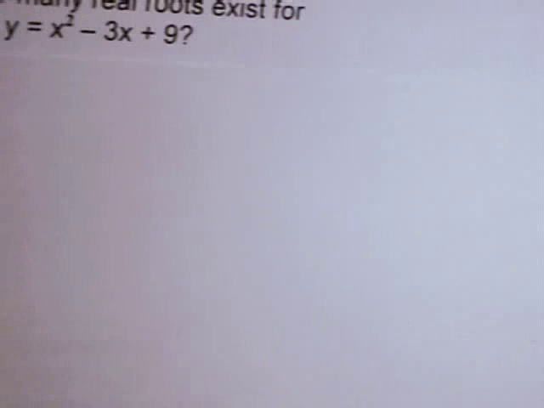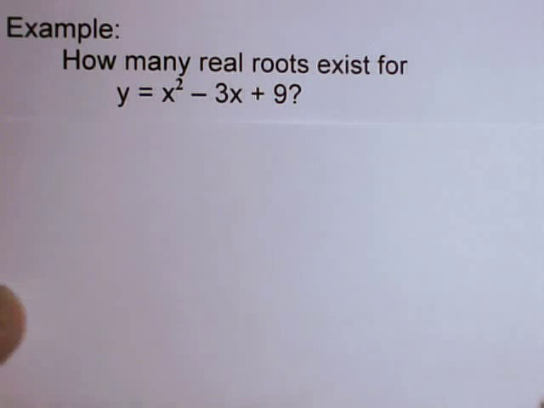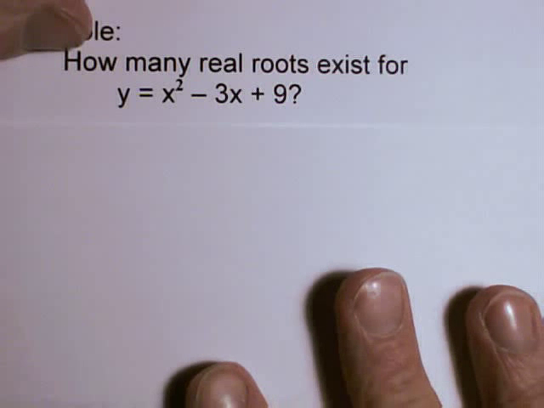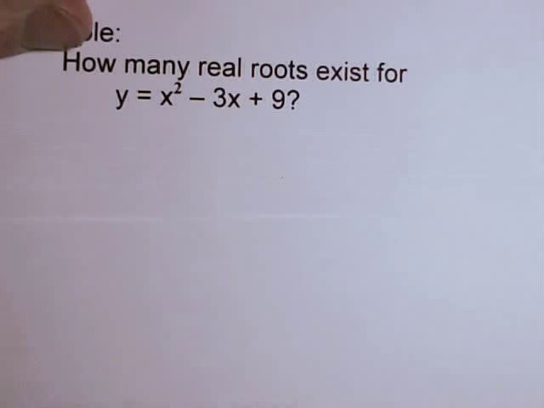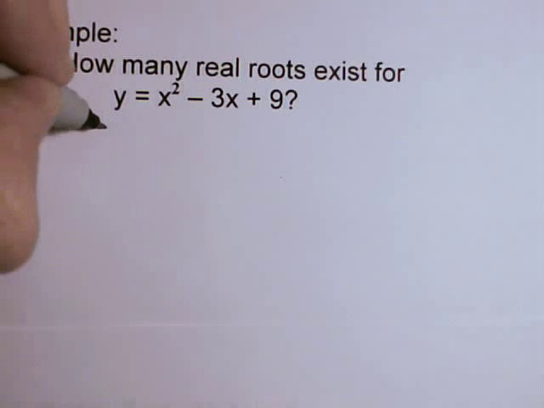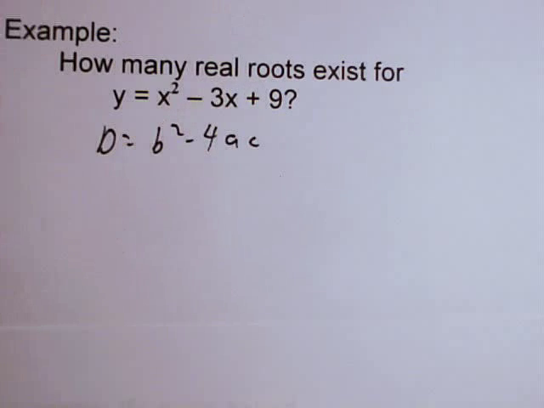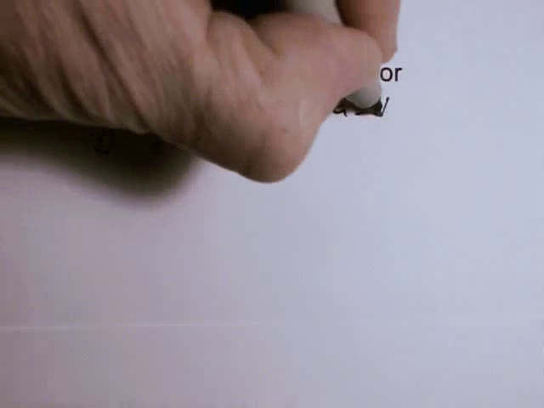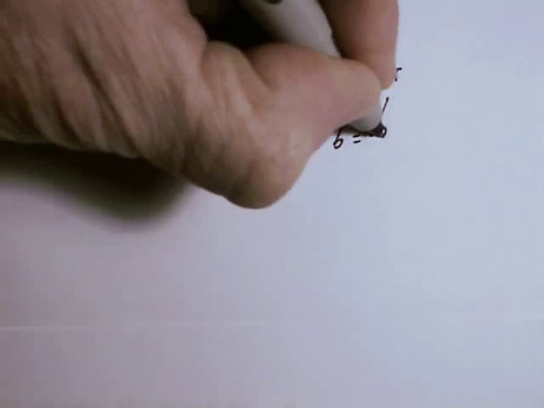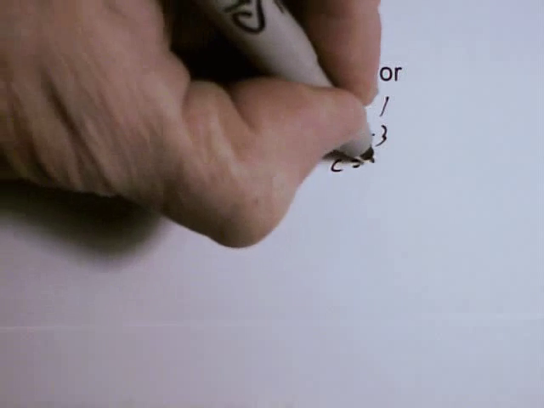One more example. How many real roots exist for y equals x squared minus 3x plus 9? Just do the recipe again. My a value is 1, my b value is negative 3, and my c value is 9.